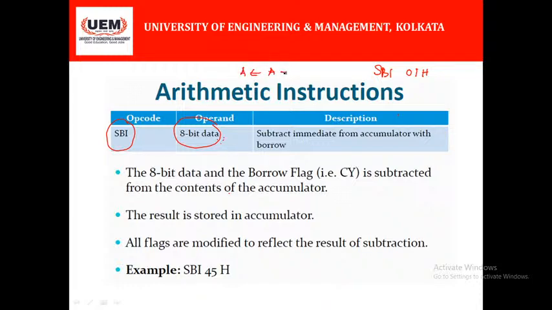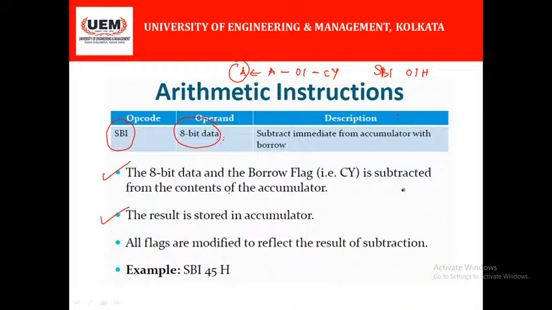It means the value of the accumulator, the data that is given here, 01, and the carry flag will be subtracted, and the result, or difference, of this subtraction will be stored in the accumulator register. So 8-bit data and the borrow flag are subtracted from the contents of the accumulator register.